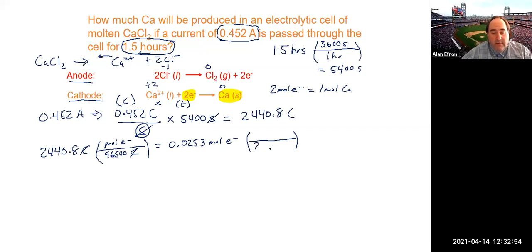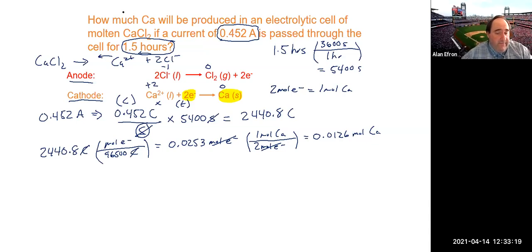So 2 moles of electrons, 1 mole of calcium, coming from the balanced half reaction. And that gets us something like 0.0126 moles of calcium at this point. Any questions on that so far?